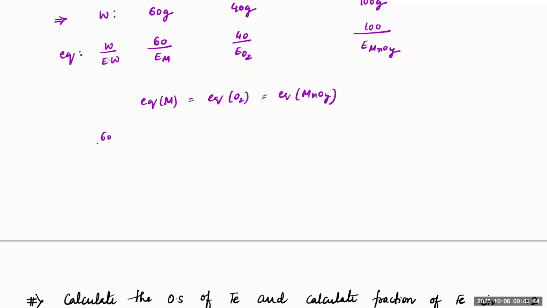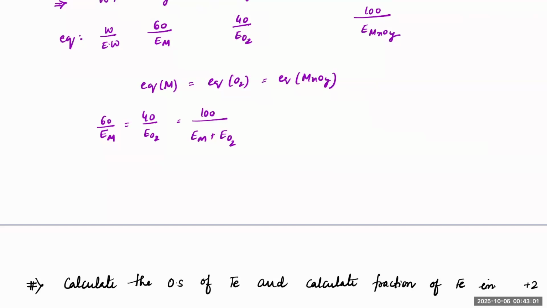So therefore, 60 by equivalent weight of metal is equal to 40 by equivalent weight of oxygen plus 100 by equivalent weight of metal oxide. See, equivalent weight of metal oxide can also be written as equivalent weight of metal plus equivalent weight of oxygen. Got it?